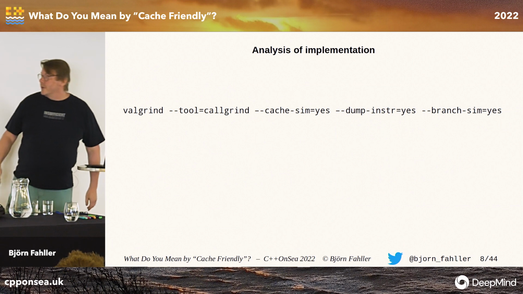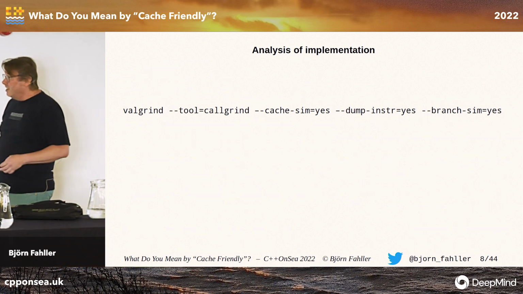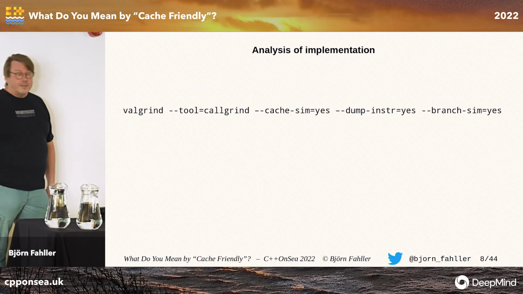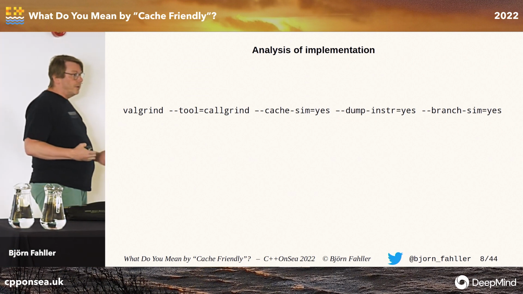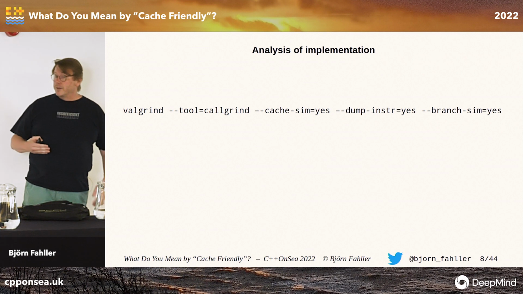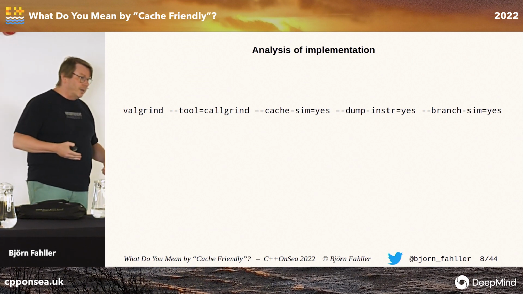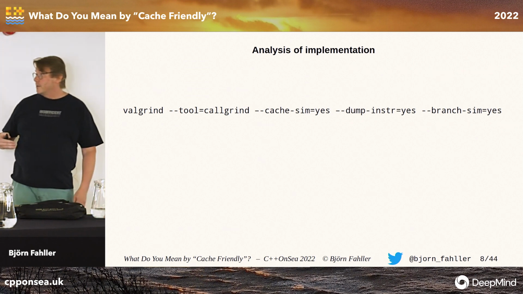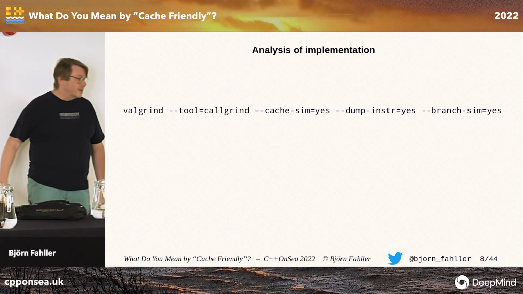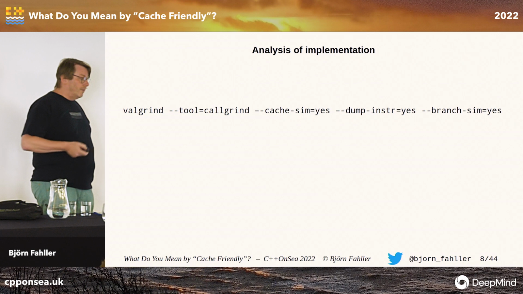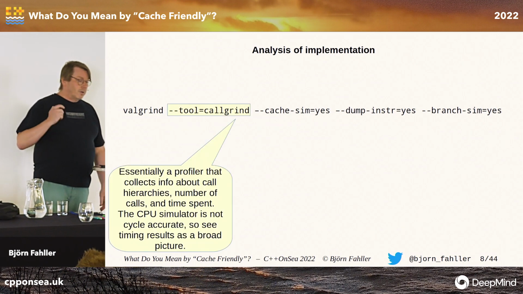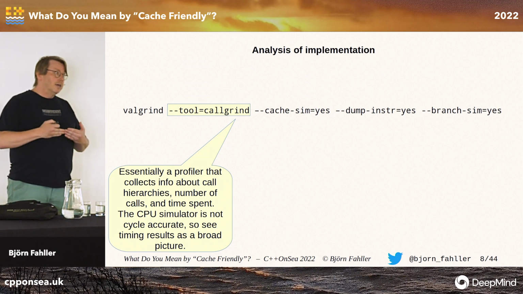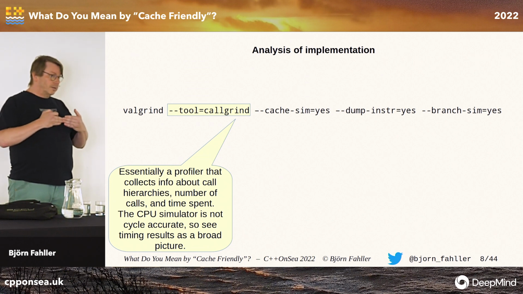So, first analysis tool, Valgrind. Are you familiar with Valgrind? So most people use this to catch memory errors like use after free or reading uninitialized memory. But Valgrind has other tools too. So Valgrind is one that I've used a lot. Valgrind is essentially a profiler. The Valgrind tool itself is a CPU emulator.